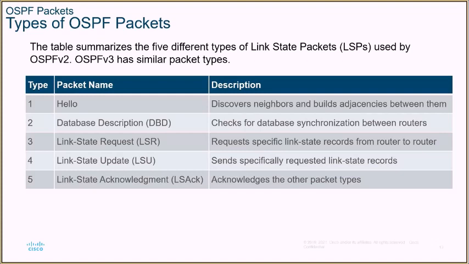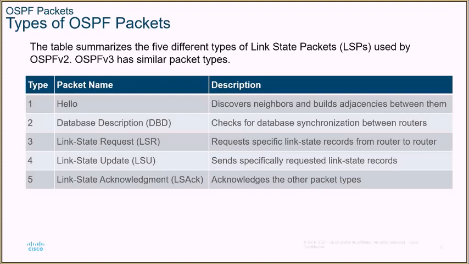Now, then actually actively finding routes. Of course, if a router needs to find a route, a link state request would be the packet that's sent, saying, hey, you request specific link state records from a router, and the response to that would be a link state update packet.